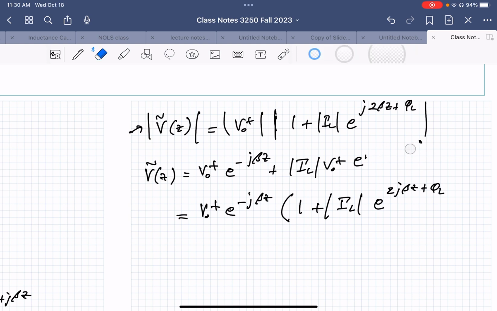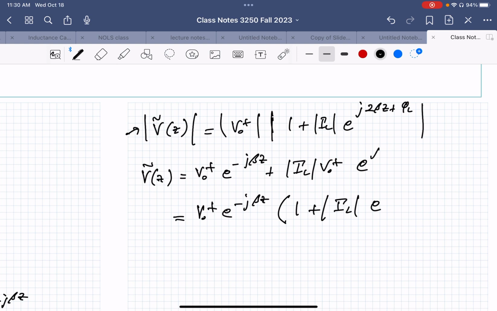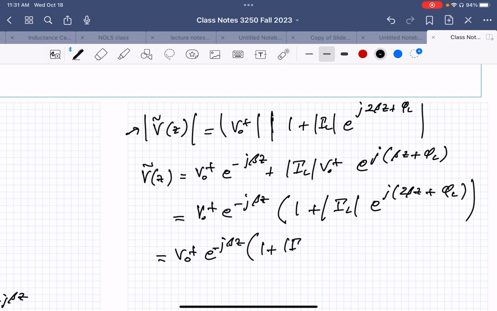Let me clean this up here. e to the j beta z plus phi sub L. So e to the j 2 beta z plus phi sub L. Okay, so here, and then we can expand this, again, e to the minus j beta z times 1 plus gamma sub L. We can expand the exponential in terms of cosine and sine through Euler's rule.